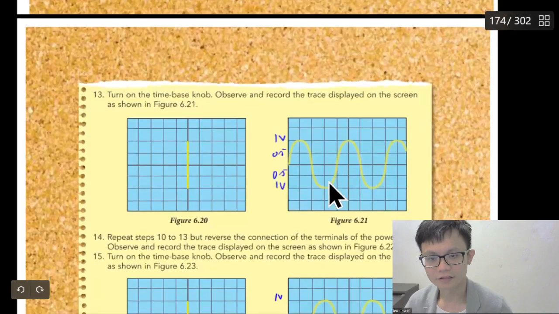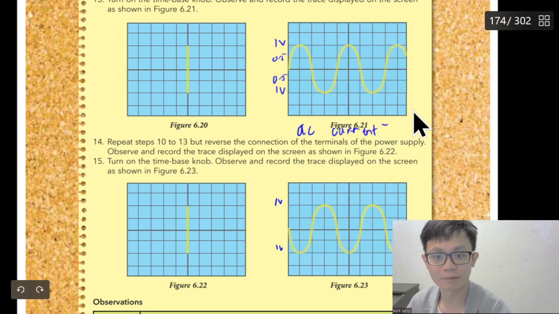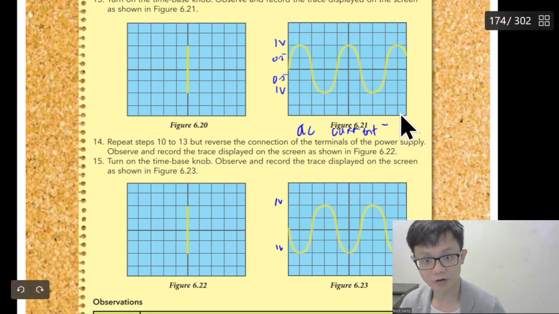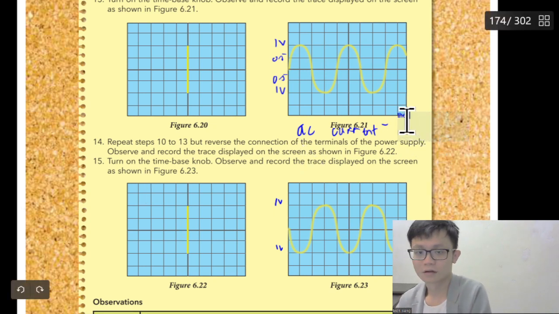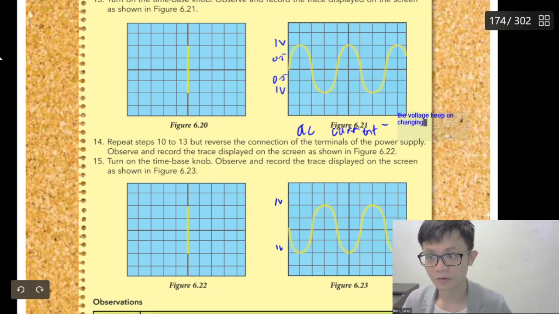These two are AC, alternating current. Because the line goes up and down, but I don't write go up and down. I will say the voltage keeps on changing, because it goes up and down.